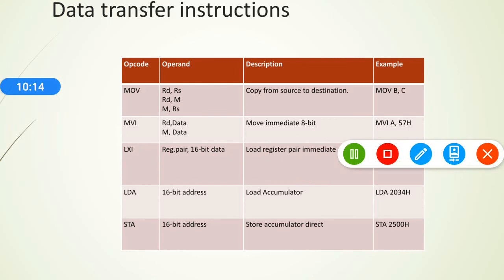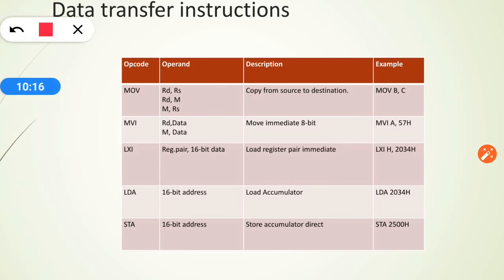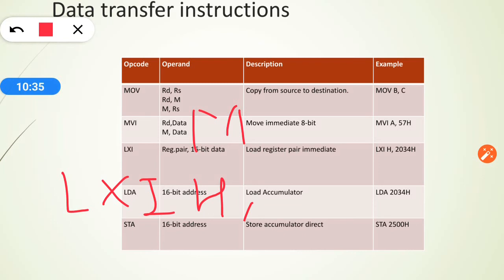As I discussed earlier, whenever you access a memory location using this M operand, you have to store the 16-bit unique address of a particular memory location in the HL pair. You can store it using the command LXI H, comma, the particular memory location.